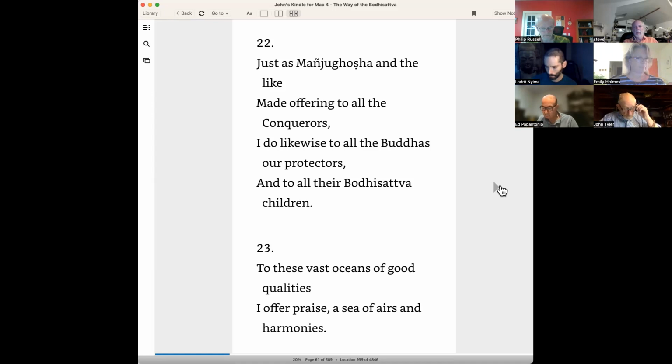And with this, we're offering our complete appreciation that the Buddha and Bodhisattvas exist in our world, have come to teach us, have come to help us and benefit us. So it's an offering of praise. There's a real sense of recognition of our appreciation of the teachings, and of the power of the teachings, and of the compassion of the Buddhas and Bodhisattvas. So if someone could read verse 23.